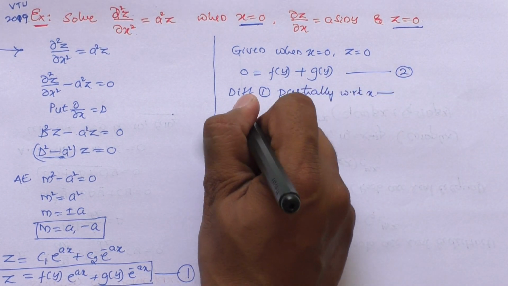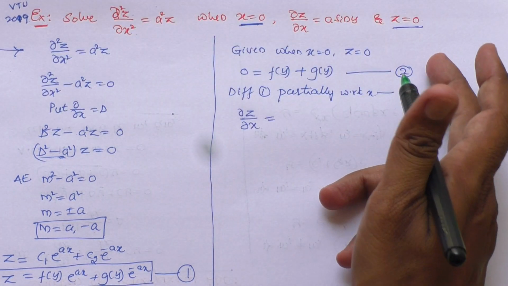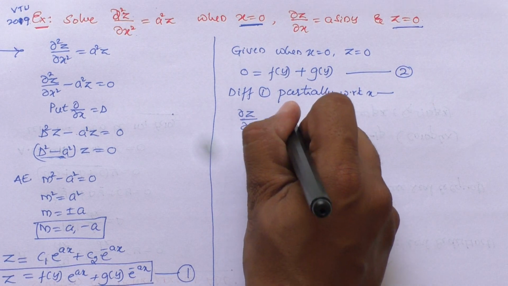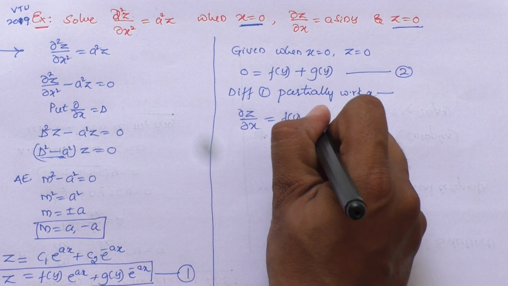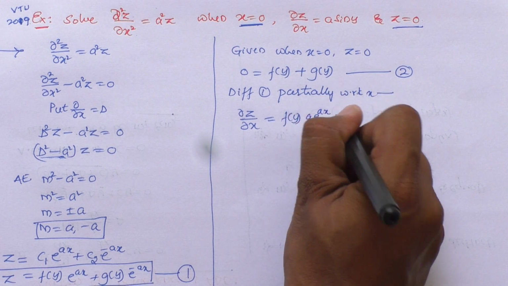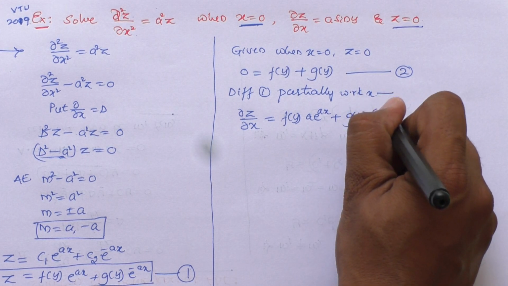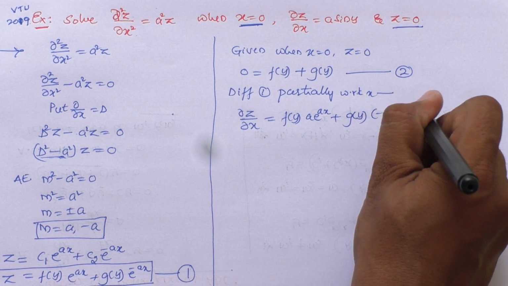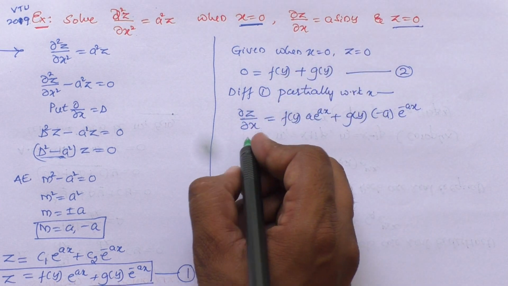Then we get dou z by dou x, that is f of y into a e raised to ax plus g of y into minus a e raised to minus ax.